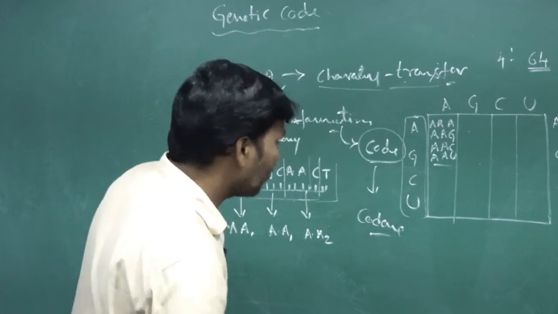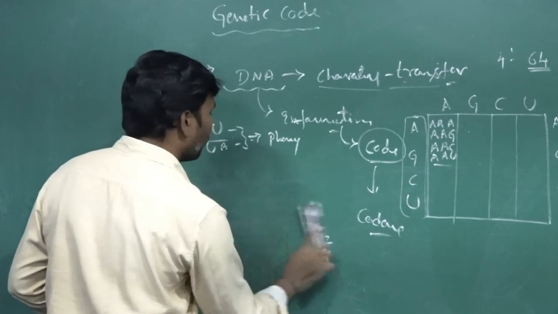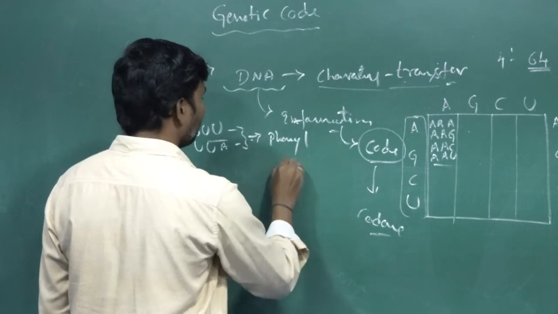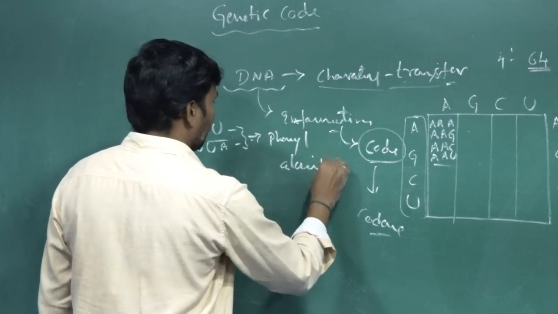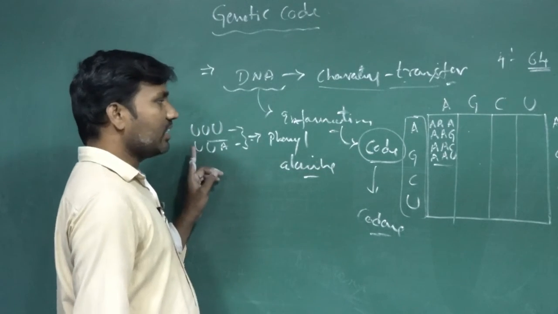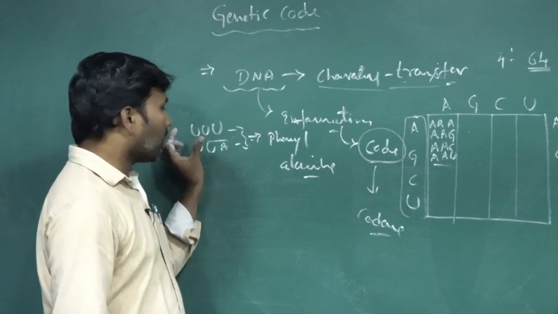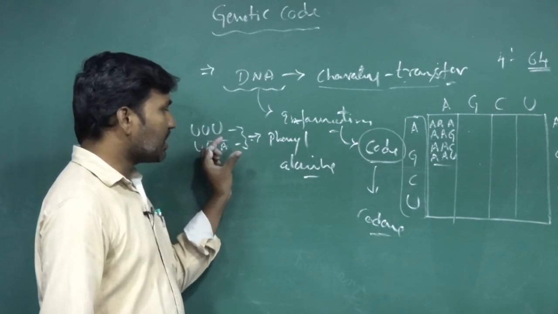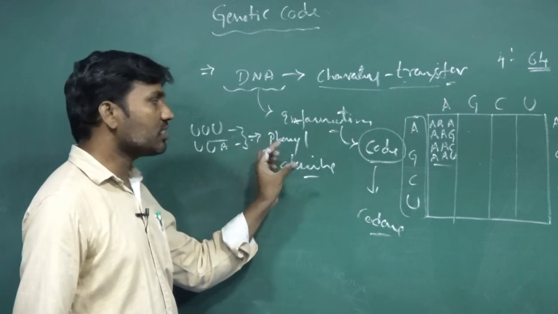So phenylalanine is coded by UUU or UUA. Like this, each codon has its own specific amino acid that is synthesized.